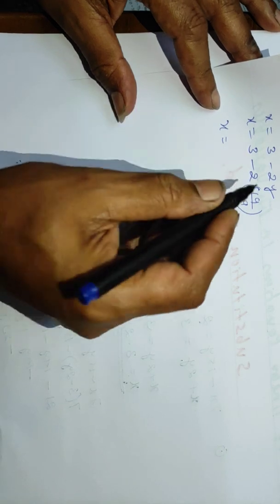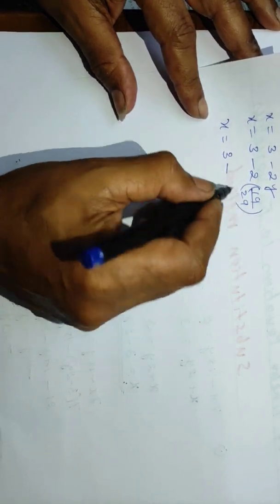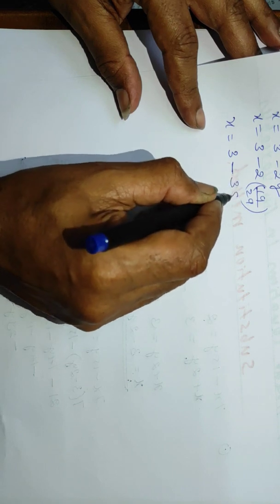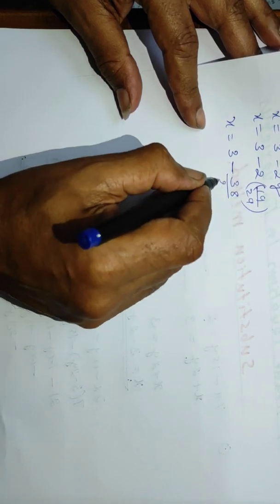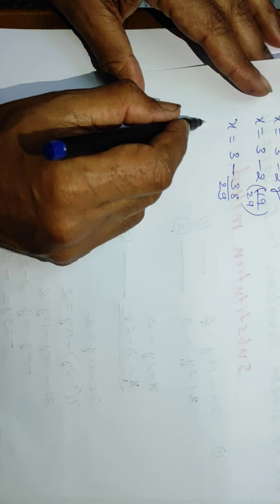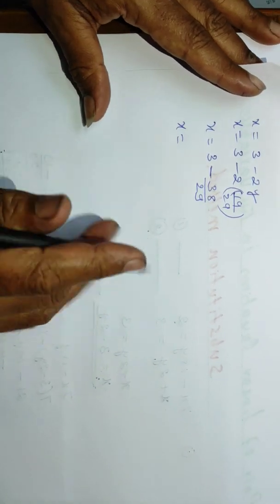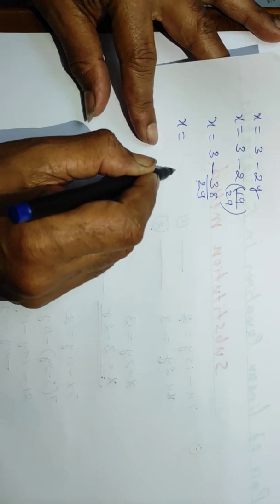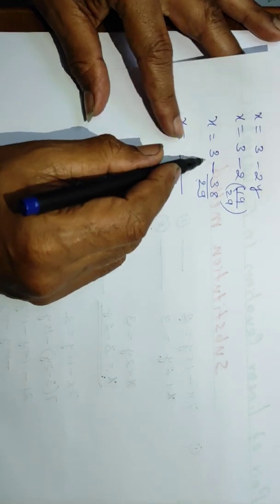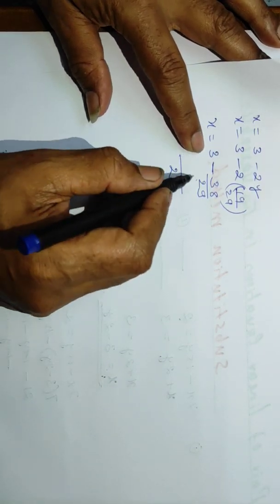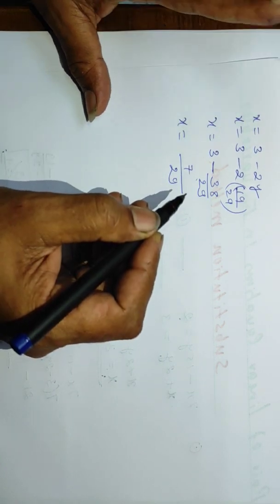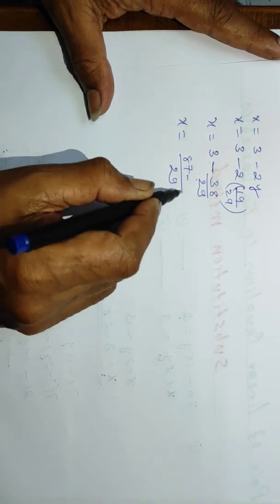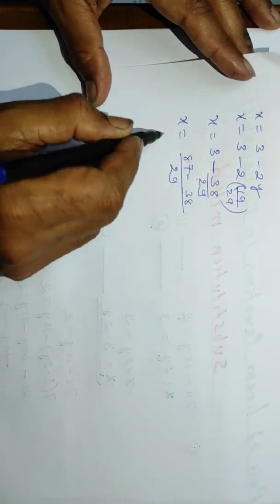So x equals 3 minus 38 by 29. On simplifying, the LCM is 29 only. So 29 threes are 87, minus 38.